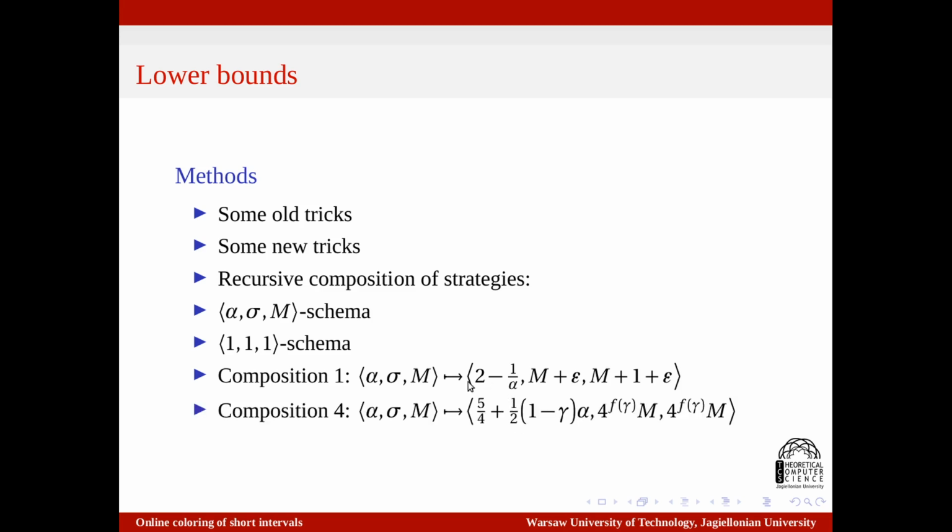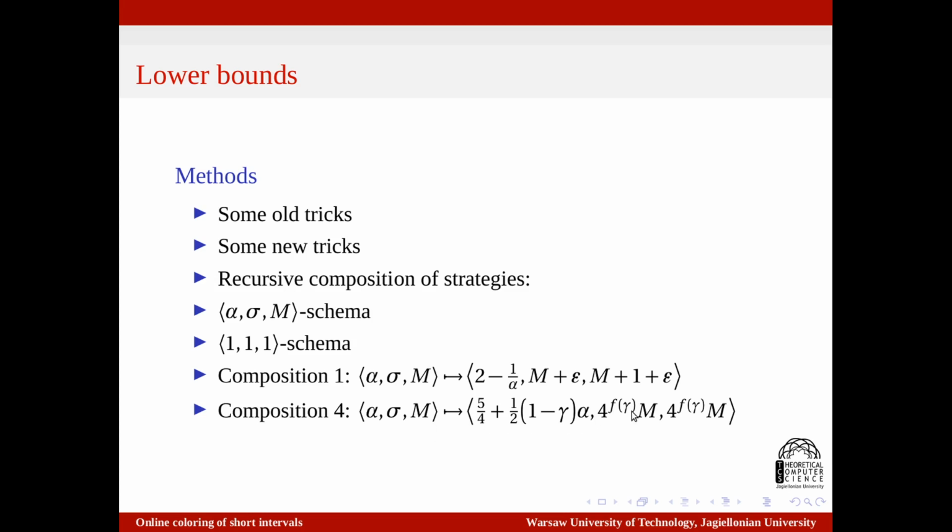So there are two more compositions that I'm going to skip, and this is the composition 4 that is used to get lower bounds that can get as close to lower bound 2.5 as we want.